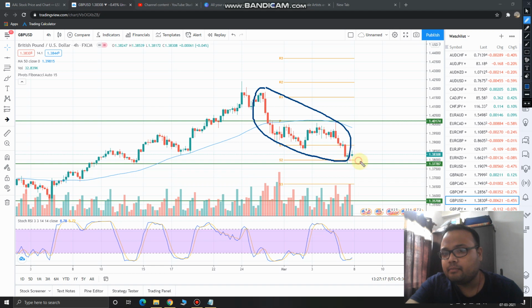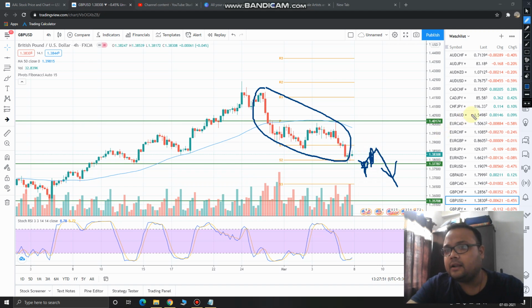If market reverses from here, then we cannot be too sure whether it's a reversal or it's just a consolidation for further fall. In that case, if market shows you some good reversal sign from here, suppose you get a good hammer, or long wick, and after that the market makes a good green candle, then you can go ahead and buy for 30-40 pips.